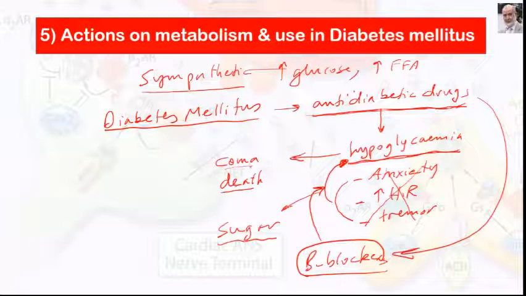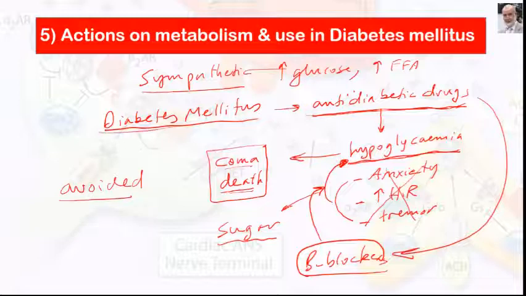So what will happen? He will enter into slow hypoglycemia, coma, and death. That's why beta blockers should be avoided in people with diabetes mellitus and under treatment with anti-diabetic drugs.